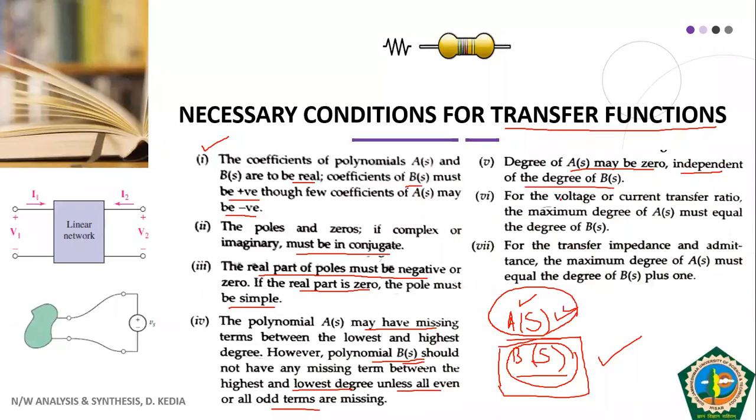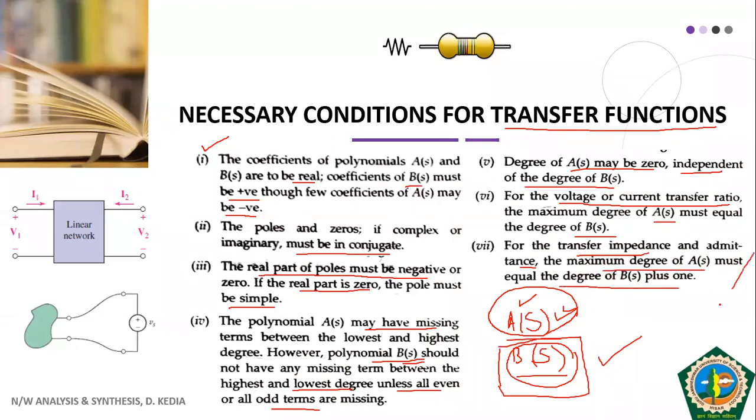Okay. Then it is mentioned that for voltage or current transfer ratio, the maximum degree of as must equal the degree of bs. So for specifically voltage and current transfer ratio, this condition has been again imposed. Okay. And then the other transfer functions are your transfer impedance and admittance. The maximum degree of as must equal the degree of bs plus 1.